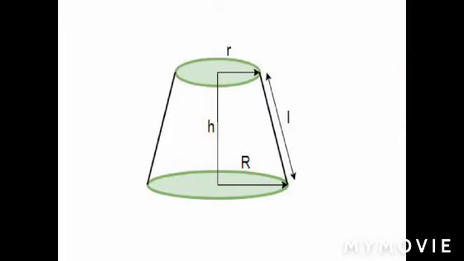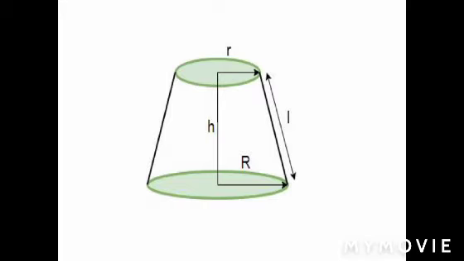Let's look at the features of a frustum. After cutting the full cone, what remains has a circle on top, and the base of the frustum also consists of a circle.